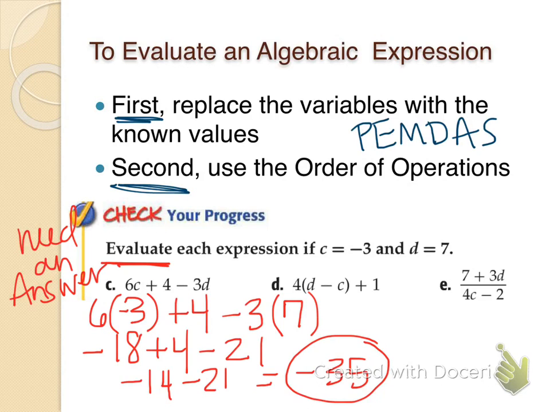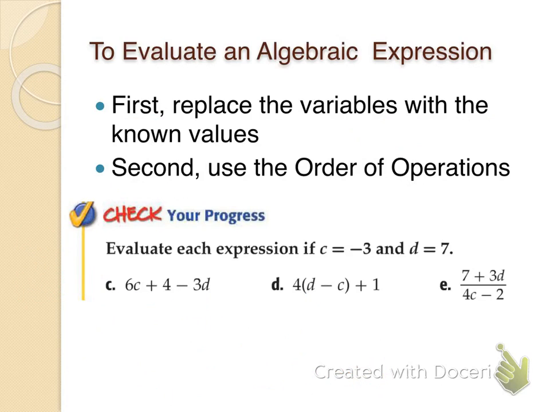All right, looking at D. D says 4 times D minus C plus 1. I'm going to keep my 4. Instead of D, I plug in a 7. Instead of C, I plug in a -3. And then I have a plus 1. Now, order of operations tells me I've got to do parentheses first.